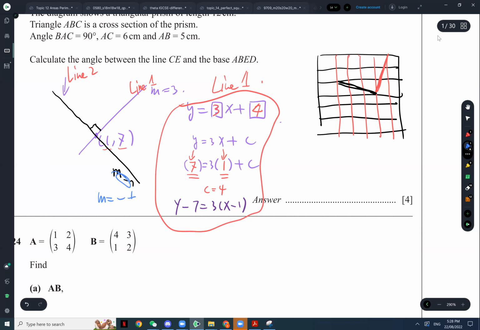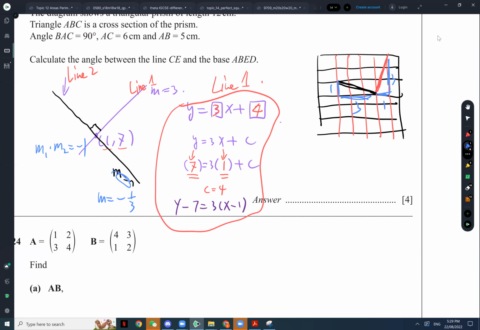Minus 1 over 3. Check here, 3 over 1, and 1 over 3. 90 degrees. M1 times M2 equals -1. Two gradients multiplied together give you -1.